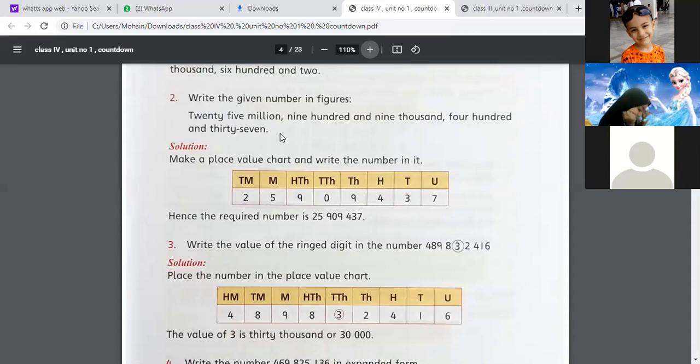Figure and digits both have the same meaning. The solution is to make a place value chart and write the numbers in it. First, I'm going to write 25 million. 25 means 10 million.